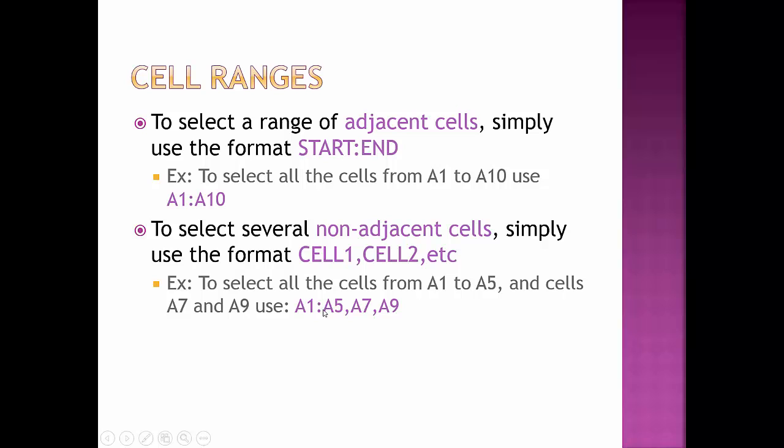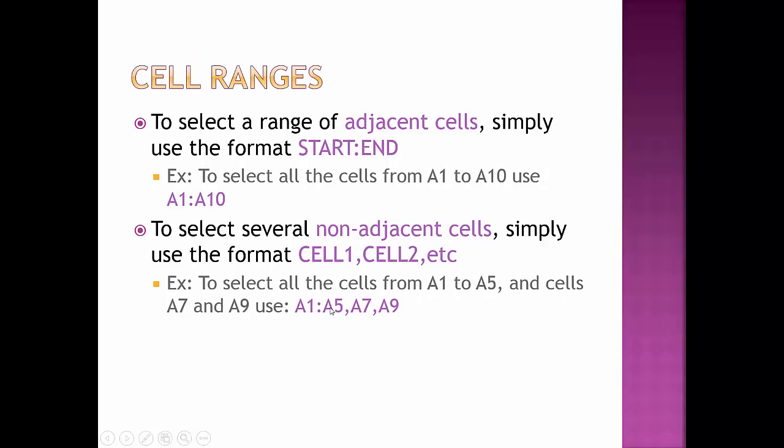If you want to have a range of cells that aren't necessarily right next to each other, you can still do that, and you'll see in this case down here we have everything from A1 through A5, and we skip A6 and we go to A7, we skip A8 and we go to A9. So these commas let us know that, okay, we're going to go to another cell. So you could have A1 colon A5, comma, then A7, comma, A9, comma, A11 colon A19.